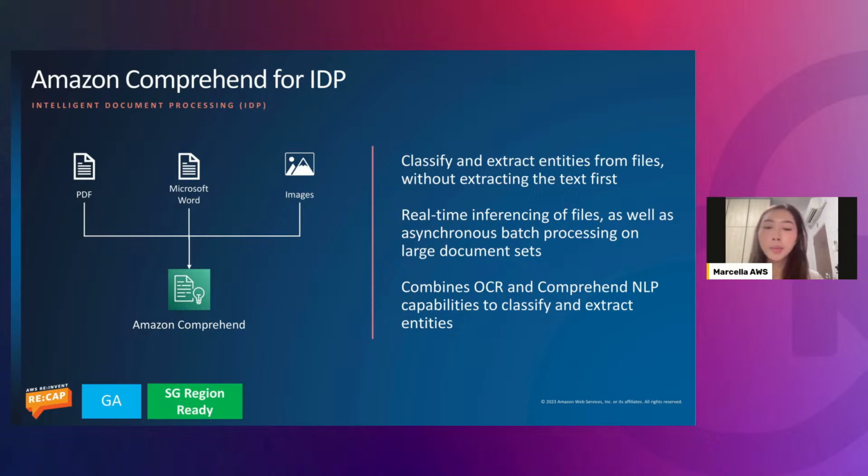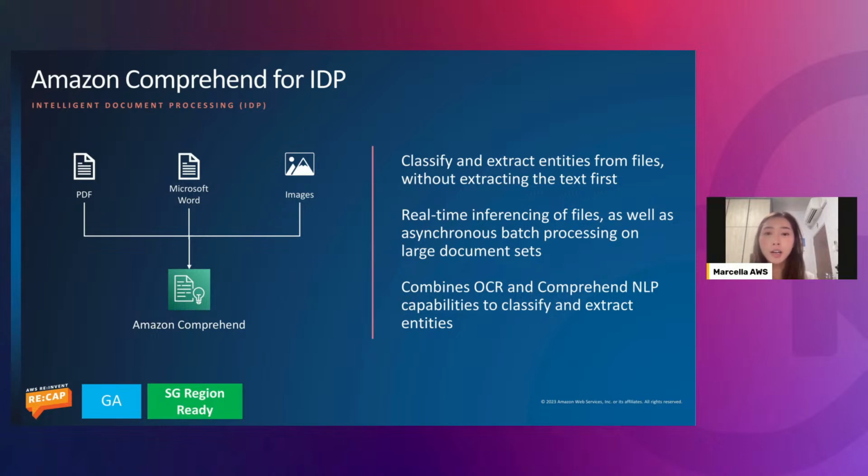So if you need to process documents that have a semi-structured format, such as images of scanned receipts or text statements in PDF formats, until today, you first had to process those documents to flatten them out into machine-readable text before using machine learning to classify and extract entities from those texts.